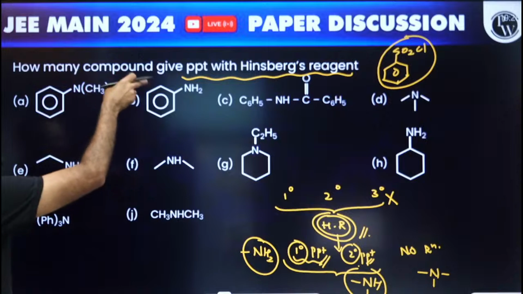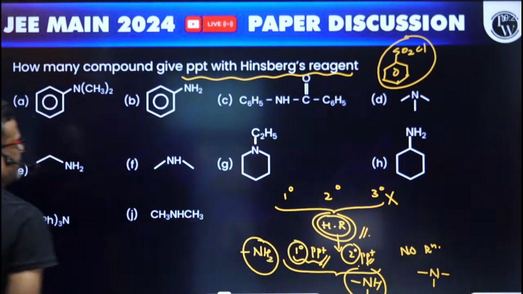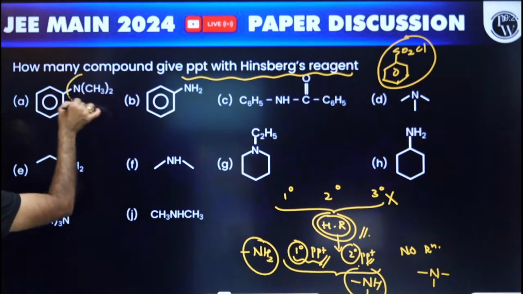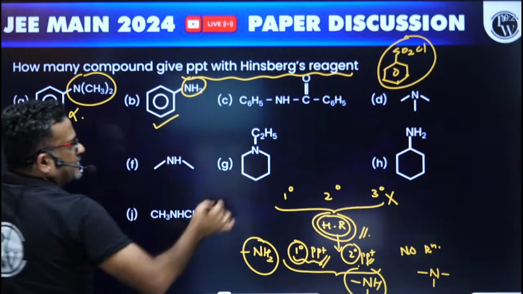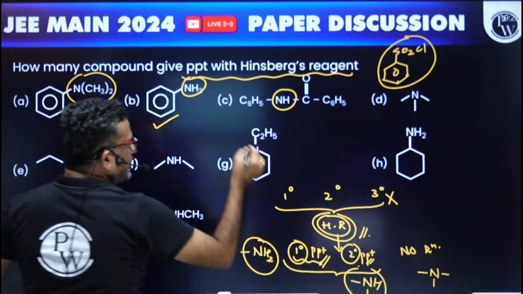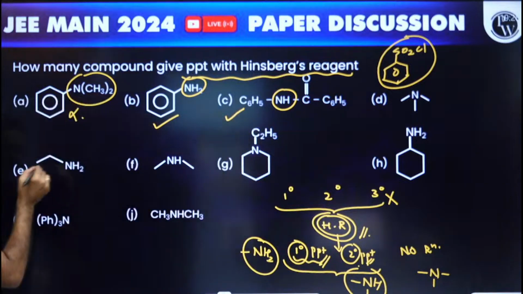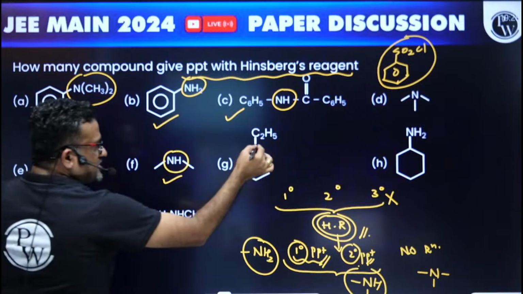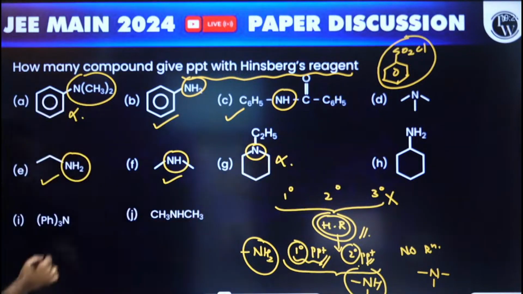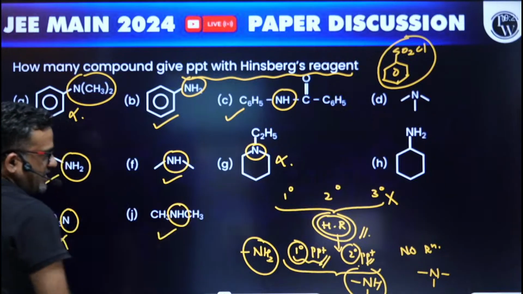How many compounds give precipitate? Only primary and secondary. So this is having only N. This is having NH2. This is having NH, we need secondary also. This is having NH2, right? This is having NH, right? This is having only N, tertiary, no. This is having only N, tertiary, no. This is having NH, secondary, yes.